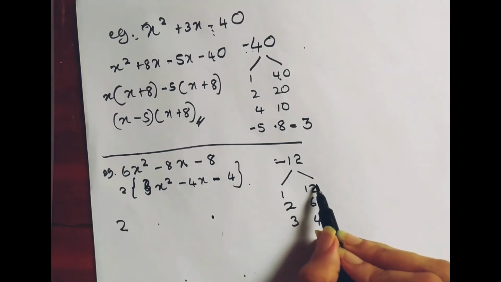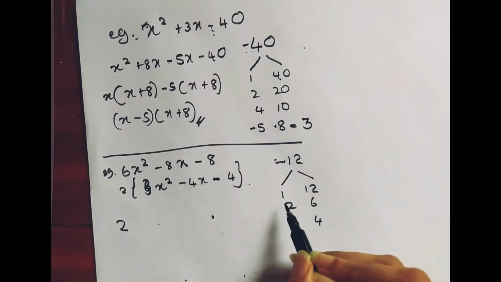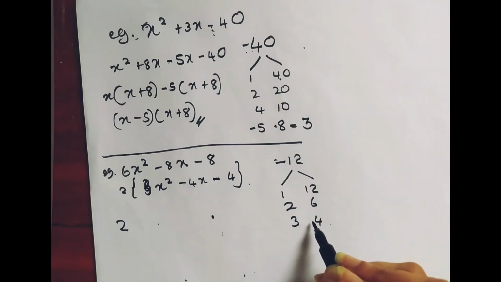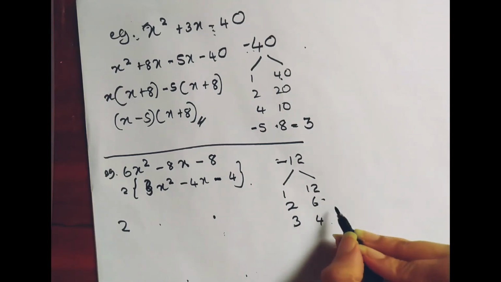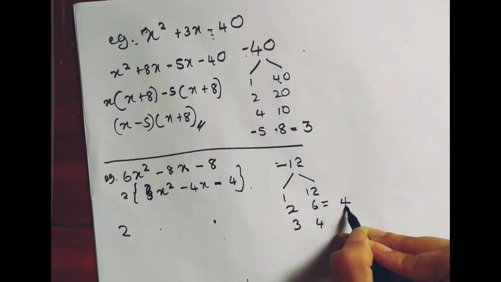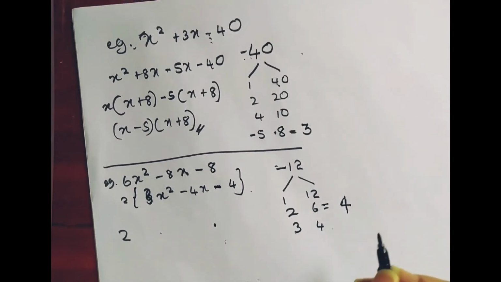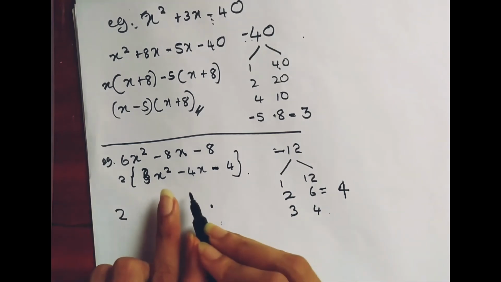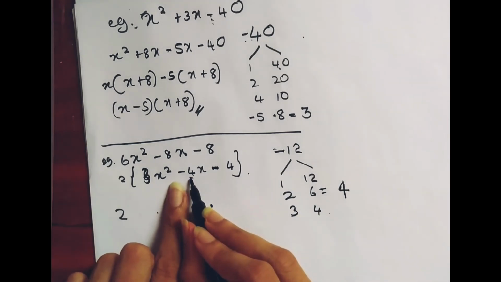So does the difference of 1 and 12 give you 4? No. Does 2 and 6? Yes. Does 3 and 4? No. This difference is 1. So this difference is 4. Now which one should be the negative? Is it 2 or is it 6? Now we'll see. This should be minus 4x.